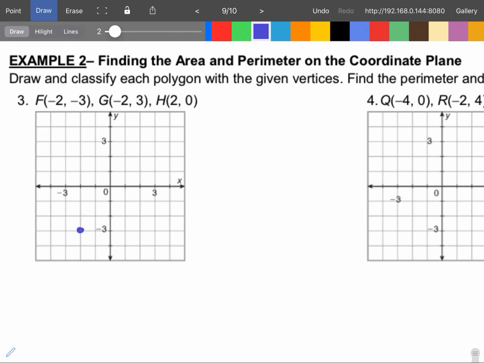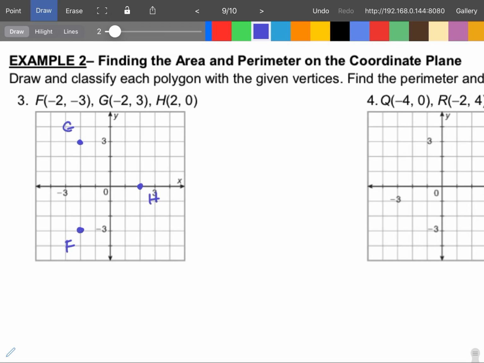Then we got the point -2, +3, so that's 2 left, 3 up. And then we have the point 2, 0, which is 2 right, and that's it. So this was F, this was G, this was H. Okay, and then we got to find the area and the perimeter of this triangle.